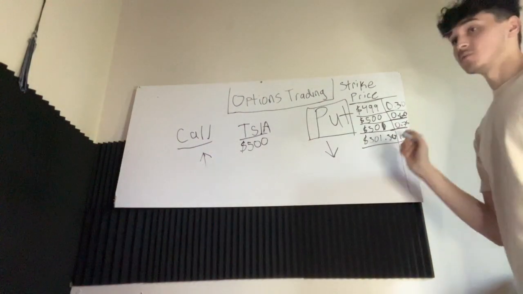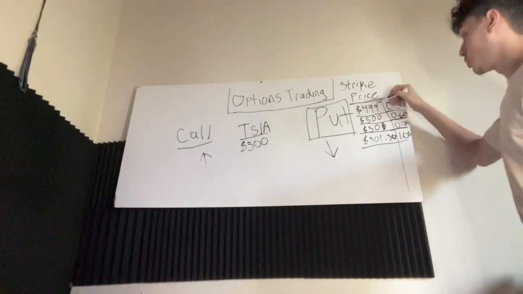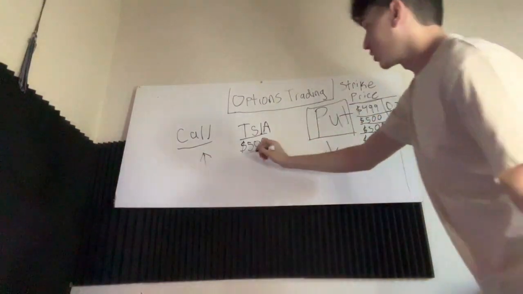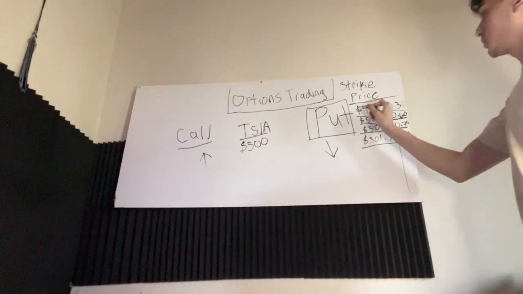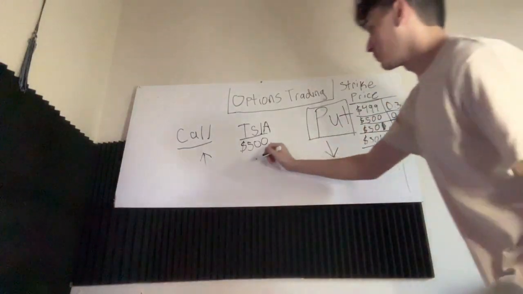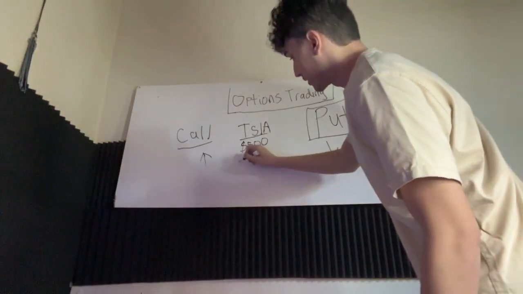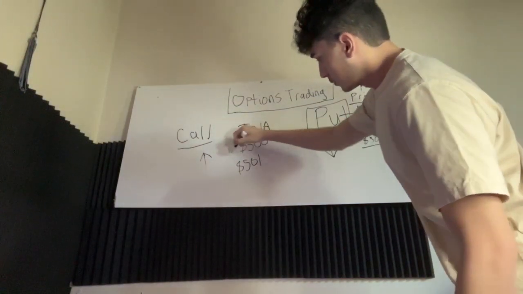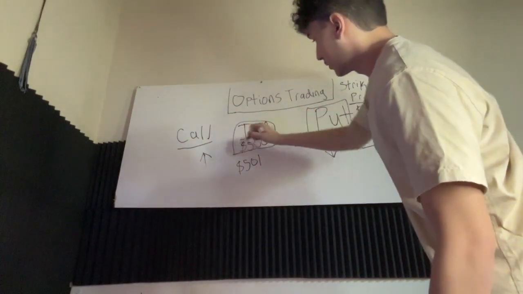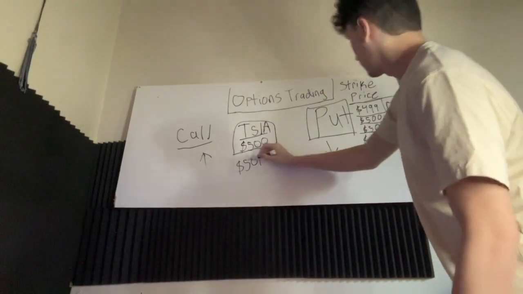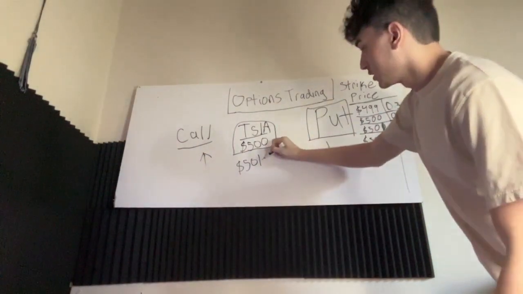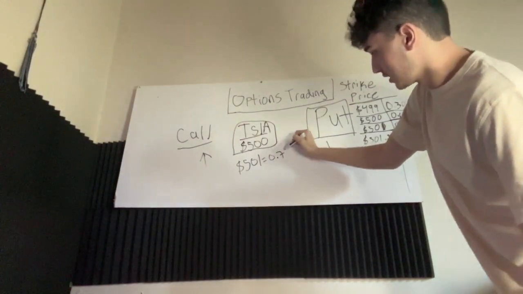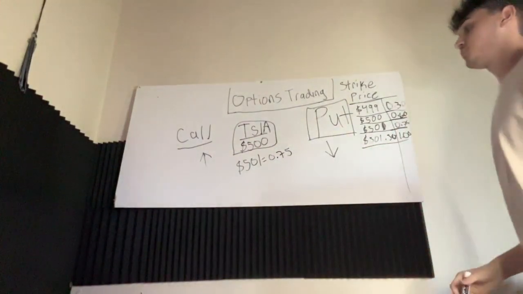We always want to times that by 100. So if we are buying, let's say, the strike price at 501, and we are buying equals 0.75.